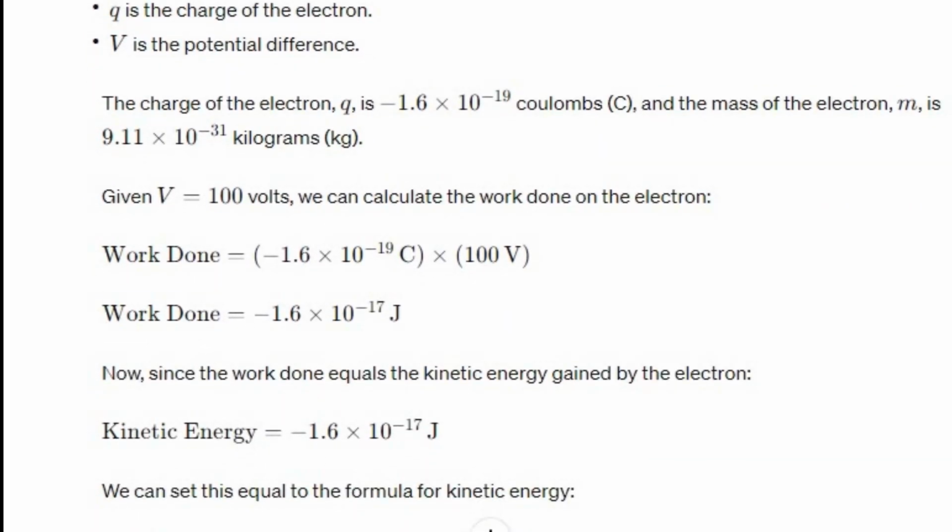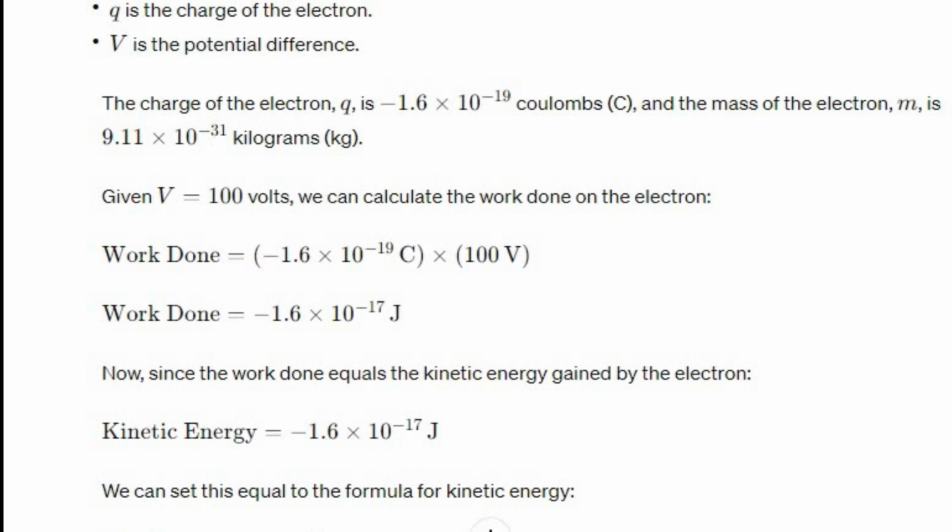The charge of the electron Q is minus 1.6 multiplied by 10 raised to power minus 19 coulombs, and the mass of the electron m is 9.11 multiplied by 10 raised to power minus 31 kilograms. Given V equals 100 volts, we calculate the work done on the electron.